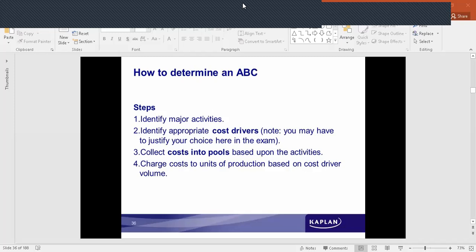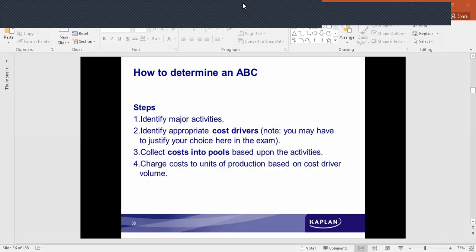Second, after we identify the activities, activities could be power supply, assembling of the components, assembling of different parts, or when material has to be provided, material requisition orders are fulfilled. So repairs, maintenance, power supply, etc. These are all activities for which the overhead costs are incurred.